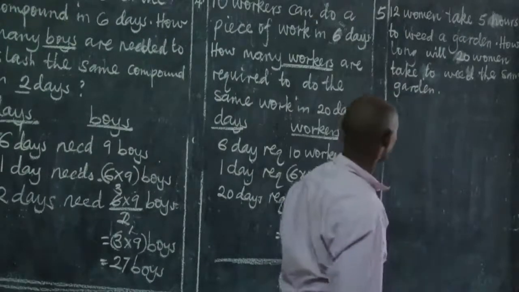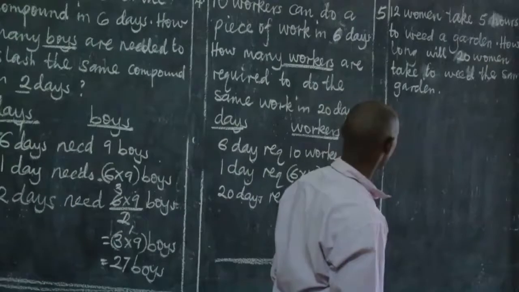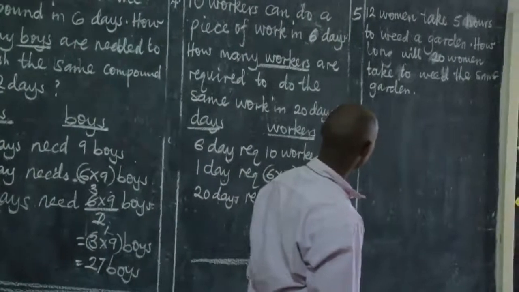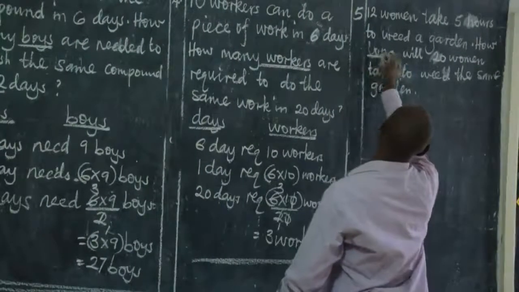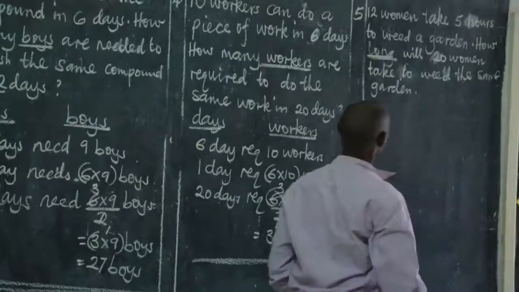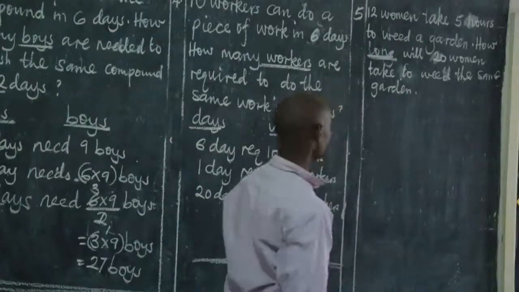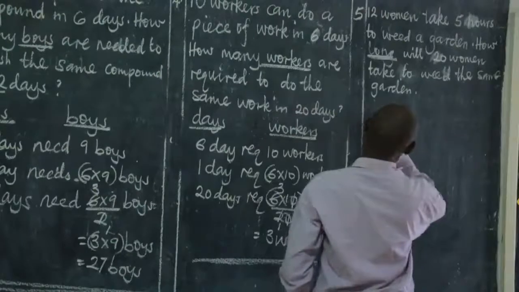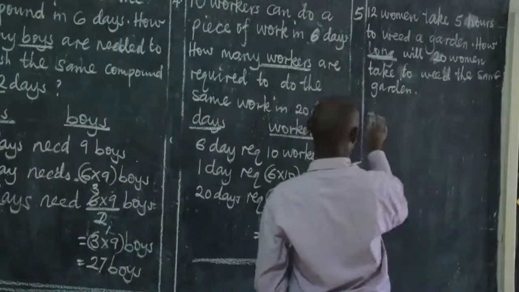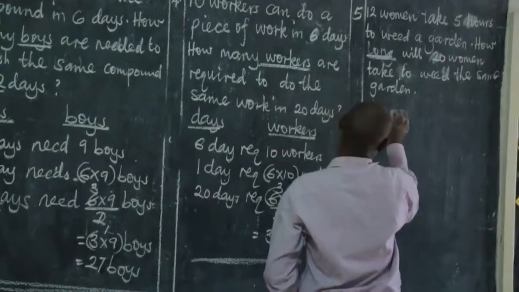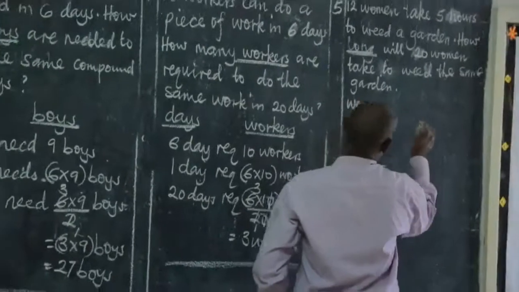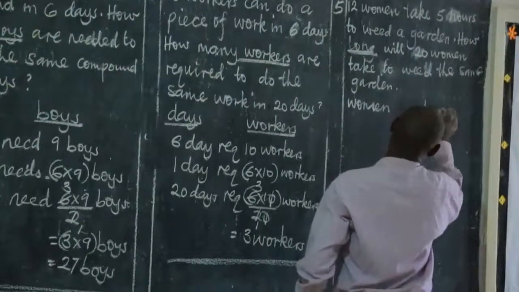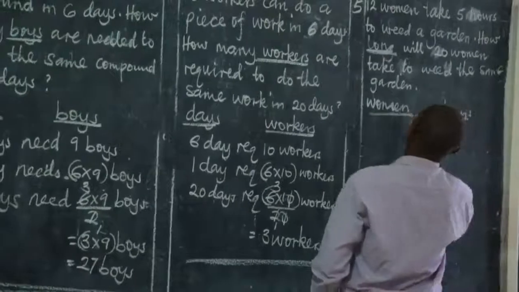So what are we looking for? 12 women take 5 hours to weed a garden. How long? When I say how long, in this case, what do I need? I need time. So we shall have women this side, then hours, because we are looking for hours.